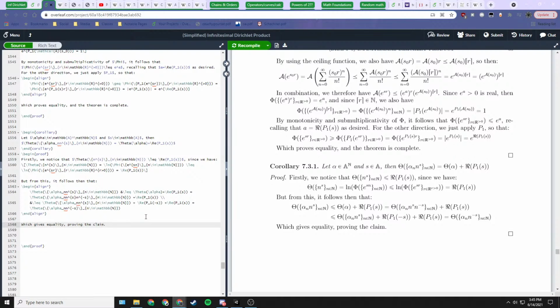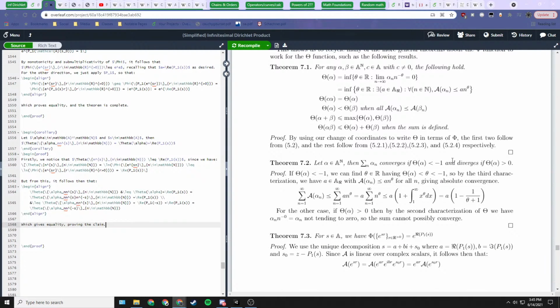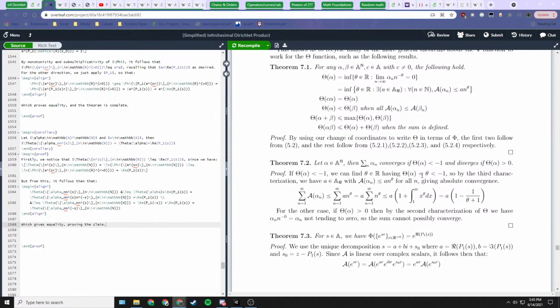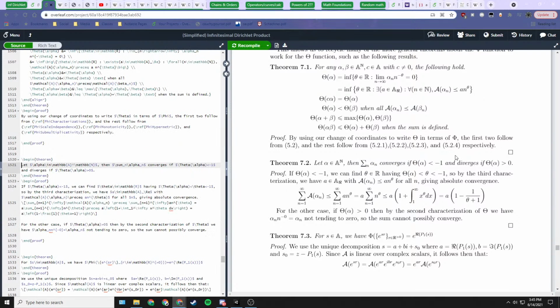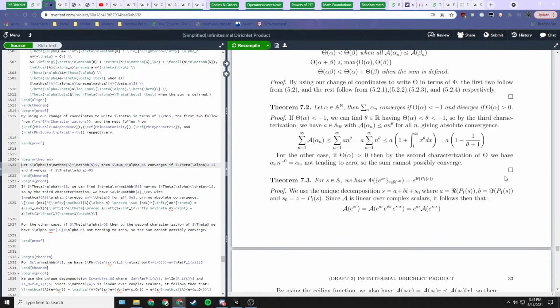So let alpha be any coefficient sequence and S in A, then this theta of that is theta alpha plus real part of P1 of S. Awesome, that's great. Okay, and I think that's everything. And maybe we could move this if we wanted to. I think this is fine.